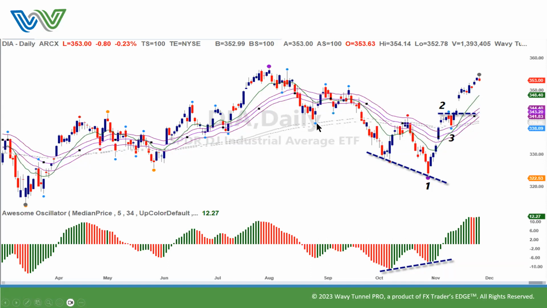So this is not the 200, it's called the tunnel, and it's the 144 and the 169. But I have nothing against putting the 200 on here. Absolutely use the 200. It's an excellent average to use. But I would use it in combination with this perhaps.